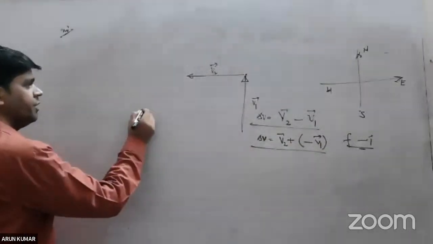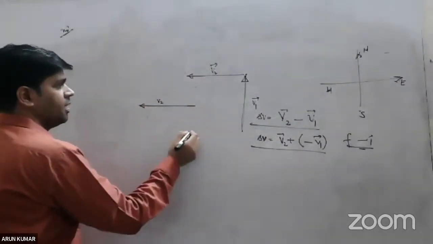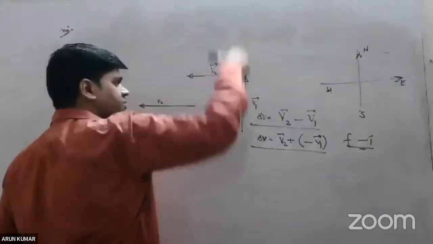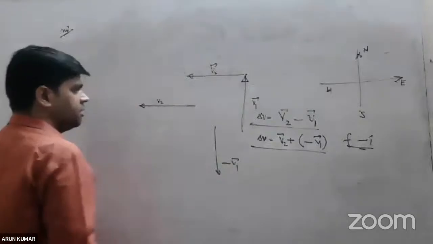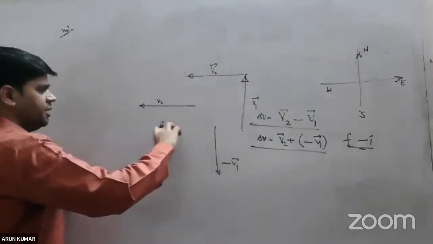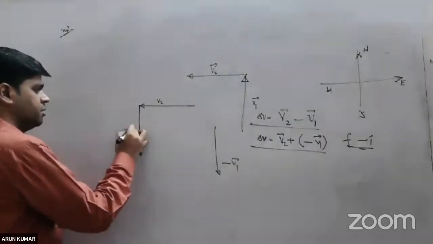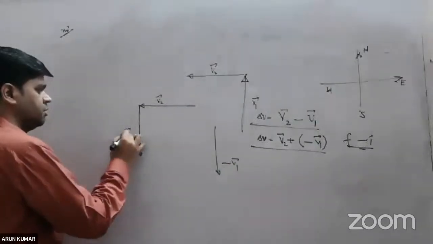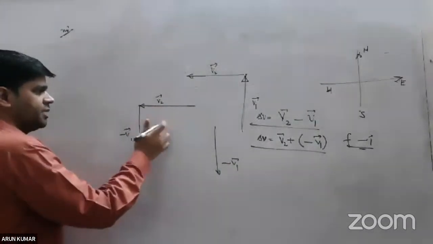So I have v2, as it is, this way. If this is v1, minus v1 is directly downward. I have to add these two vectors, using the triangle. I keep this vector over here. This is minus v1. The sum of the two vectors is the closing side.